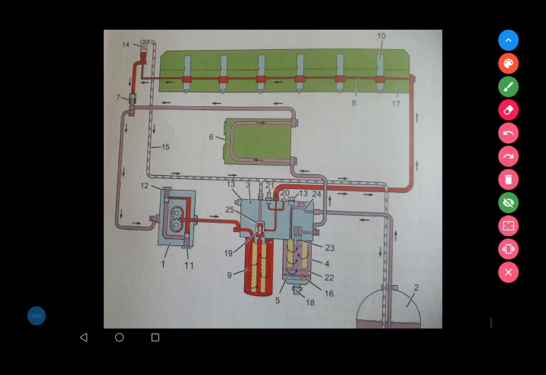So viewers, now we talk about how fuel is pumped to the combustion chamber. Fuel is pumped by this fuel feed pump from the fuel tank via this pre-filter and this water trap to the filter head here.